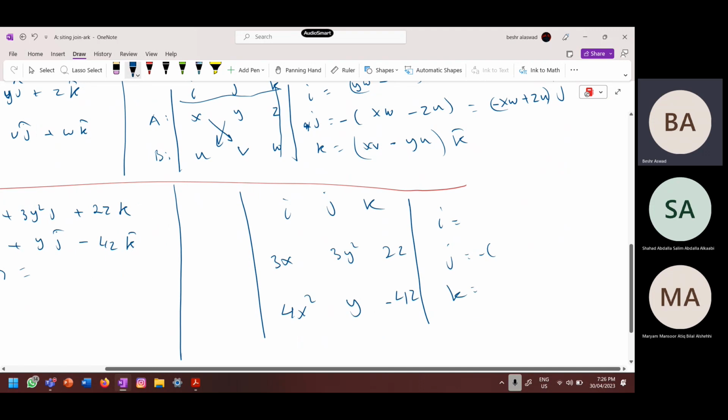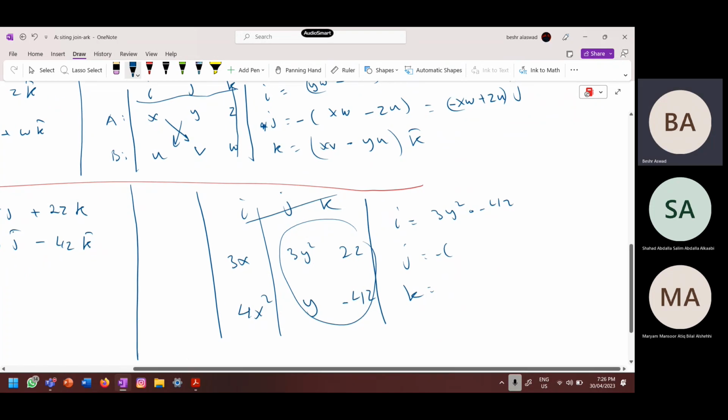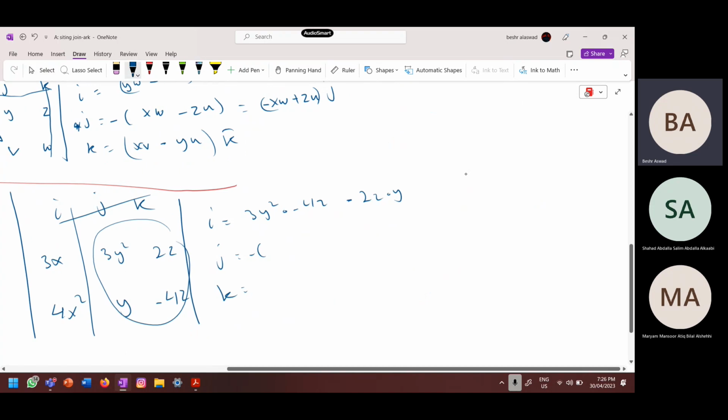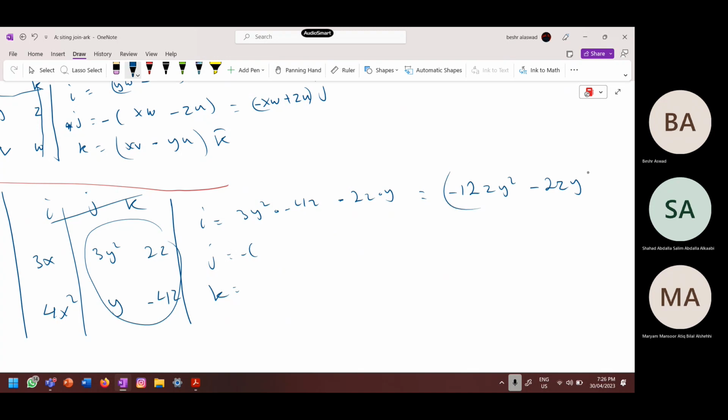To solve the i component, cancel this, you'll get this. So get 3y squared multiplied with negative 4z minus 2z multiplied with y. This is equal to negative 12zy squared minus 2zy i hat.